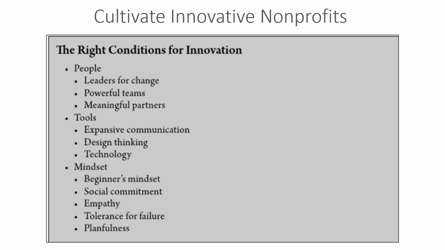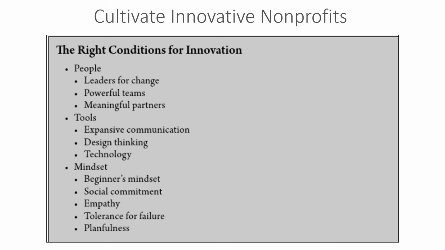So, in order to create the right conditions for this kind of innovation, this slide here bullet points all of the important factors that need to be taken into consideration. You need the right people, which include leaders for change, whether it's individuals or multiple spokespeople. We need powerful teams. We need meaningful partners, and I'll talk more about that in a moment.